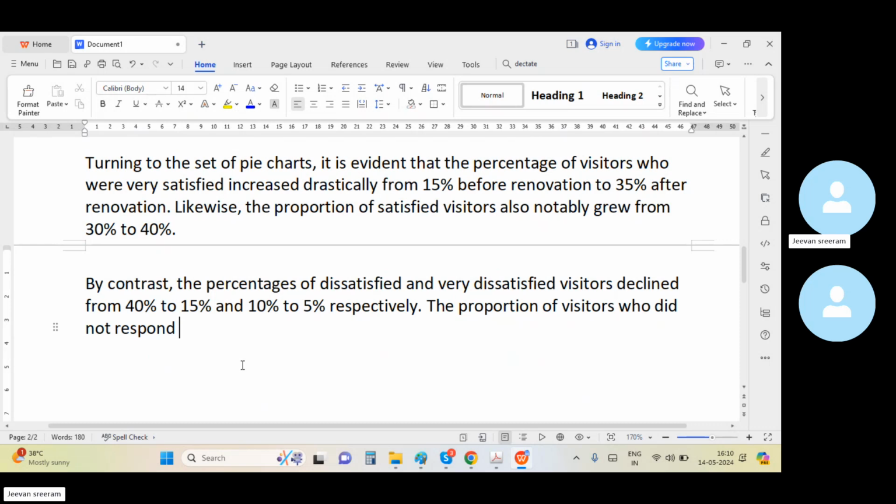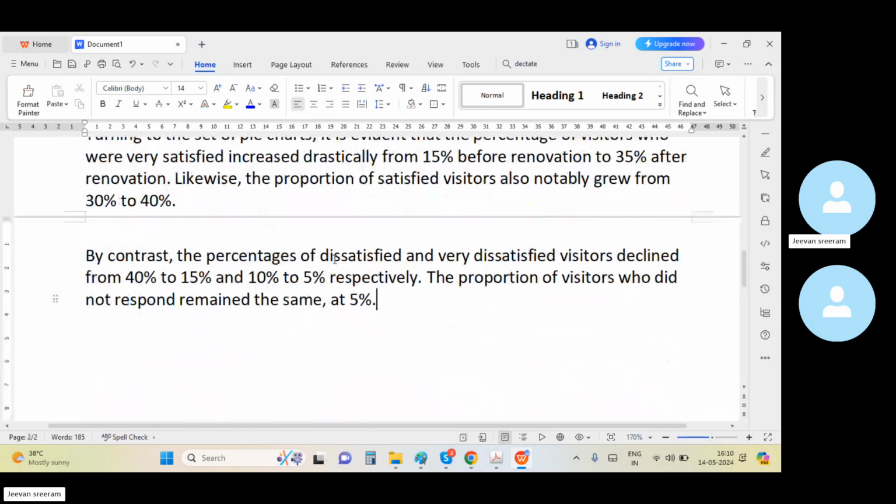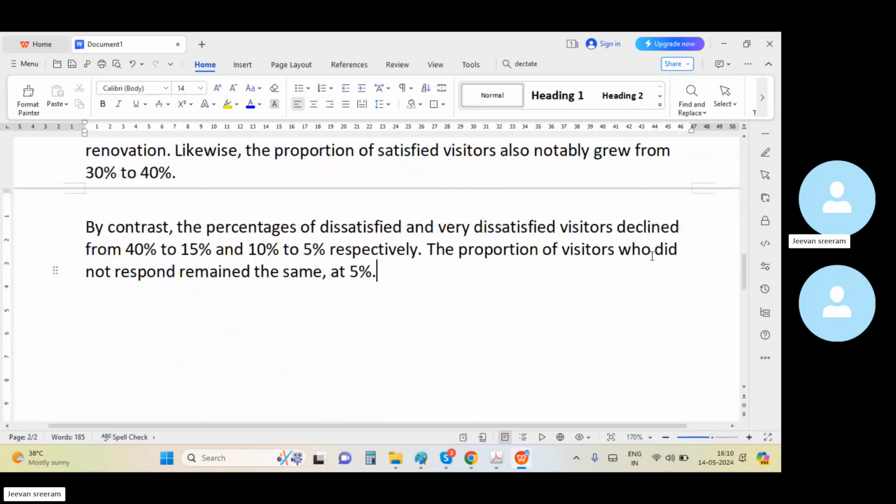The proportion of visitors who did not respond was at 5%. Remained at 5%. Remained the same. Remained the same at 5%. Clear? Okay, so the proportion of visitors who did not respond remained the same at 5%.